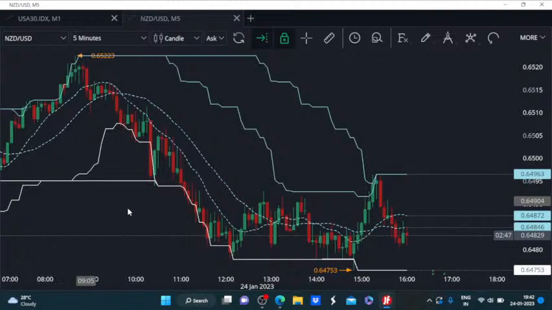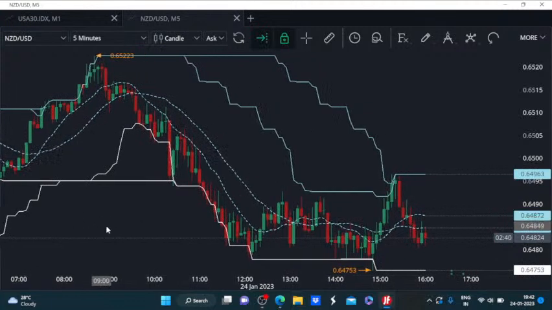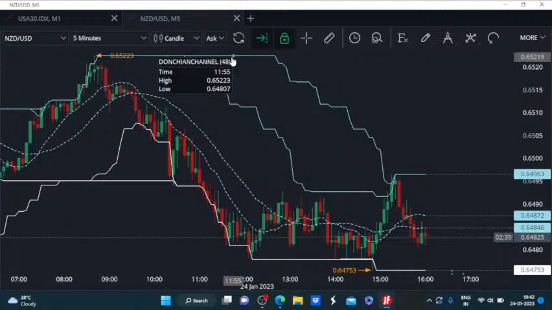Now, if we consider the NZD's analysis, it is more bearish compared to the AUD, but less bearish compared to the GBP. And this high to low difference is a little less than 1 percentage point.